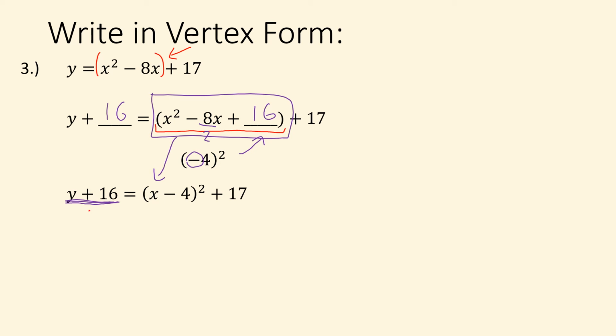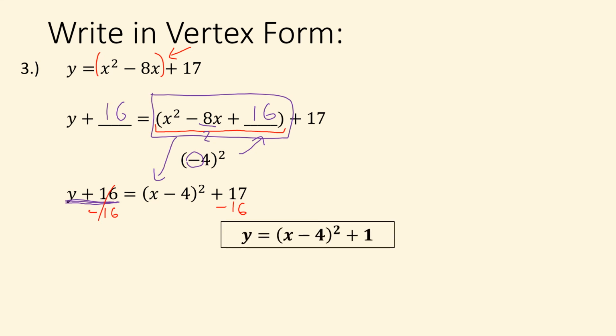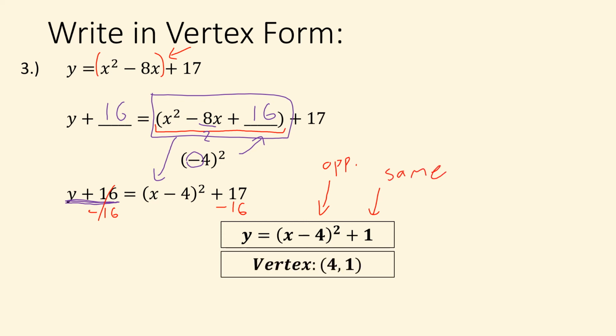So the last step is to take this 16 and move it over here. Okay, so we do that. 17 minus 16 equals 1. That's our vertex form. At this point, a logical question would be, what's the vertex of this parabola? And remember, it's the opposite, same. So the vertex would be 4, 1.